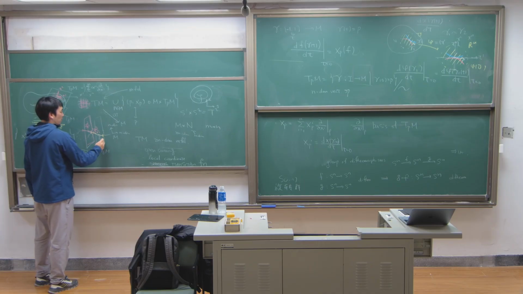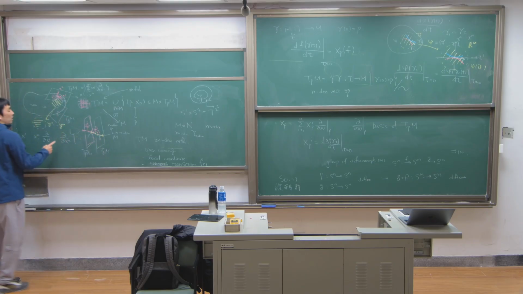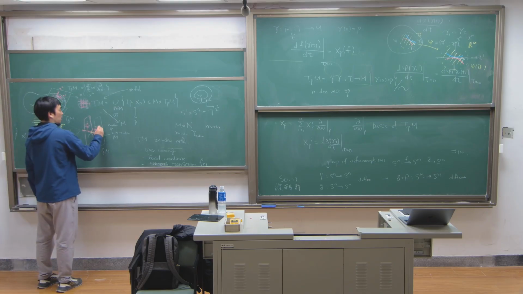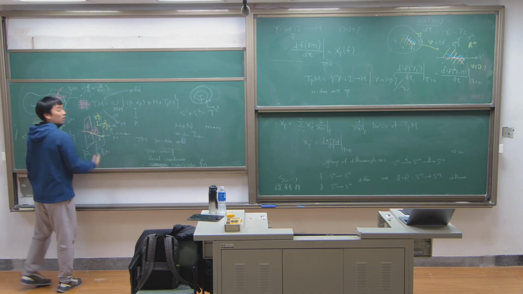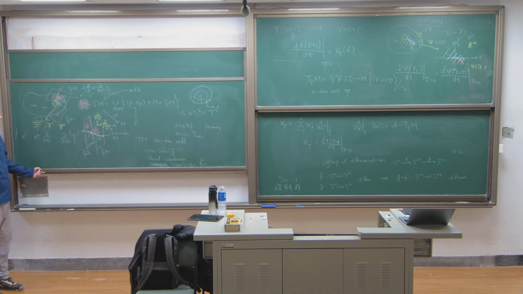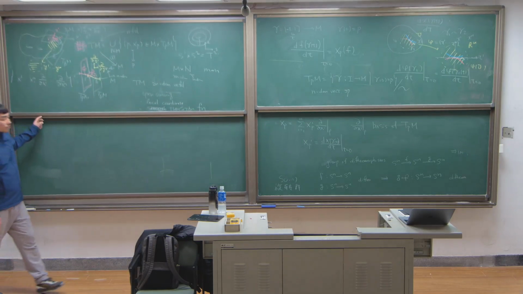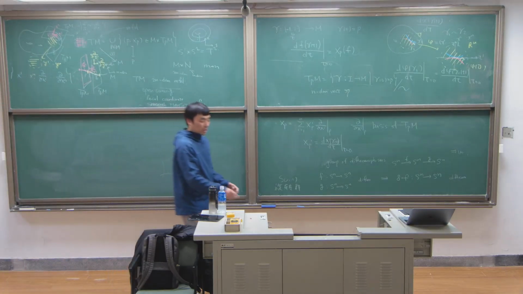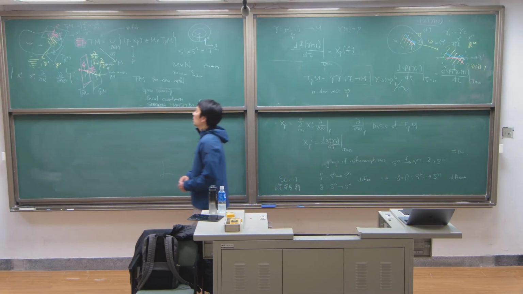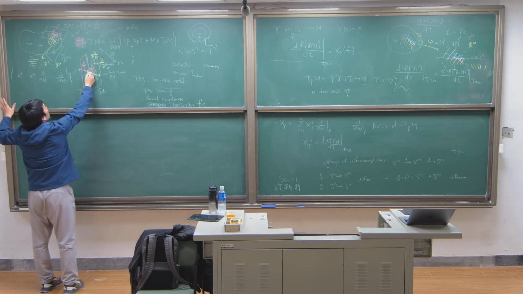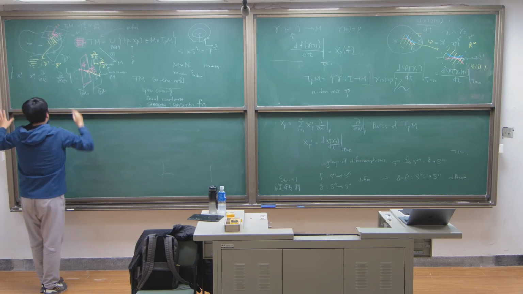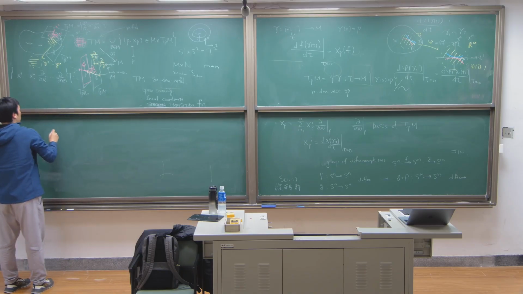This basis is y1 to yn, and along the fiber the basis is ∂/∂y1, ∂/∂y2. And then there is a transition function. It's just how they glue together in this overlap. And in the overlap, it is just a function.